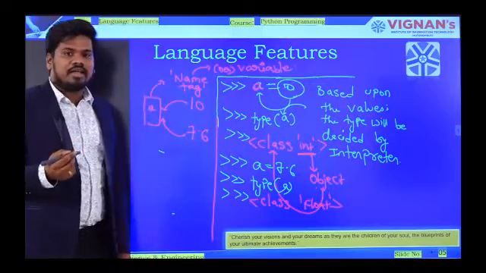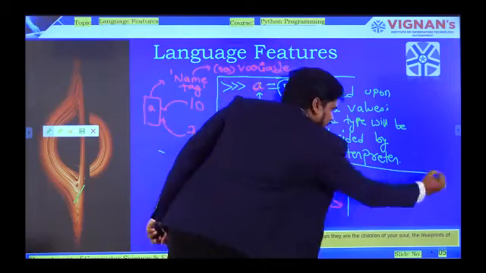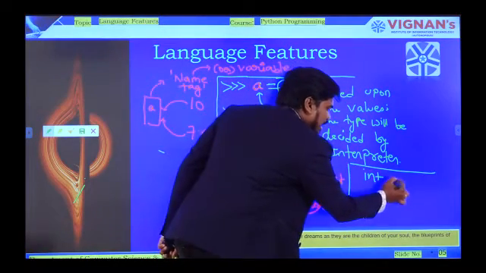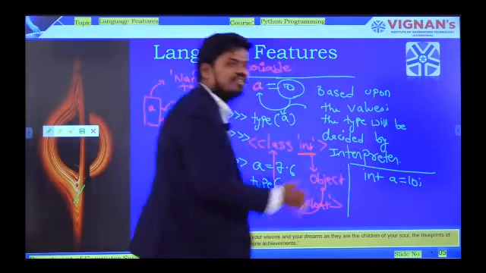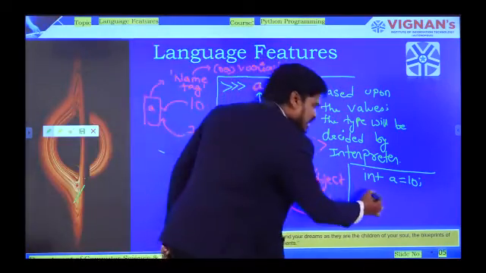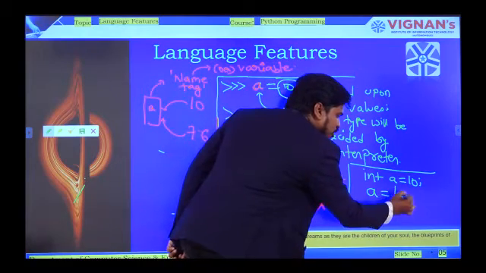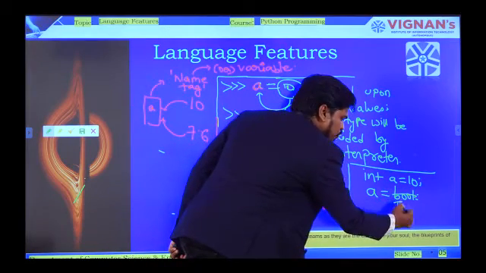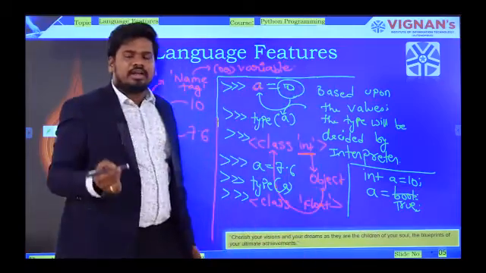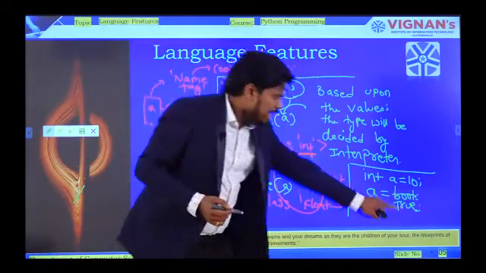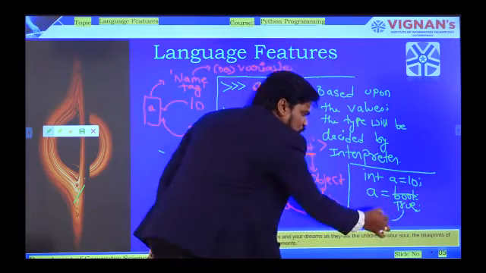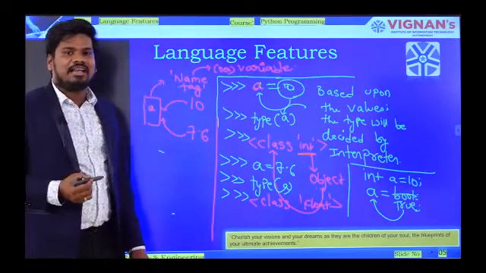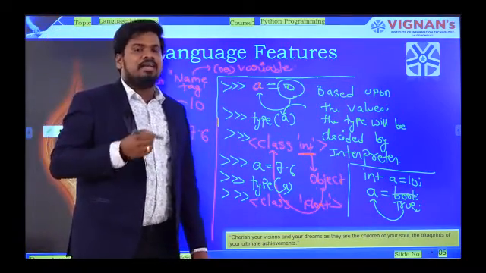If you are familiar with Java programming, for example, in my Java code I have declared a variable and initialized it with a value, int a is equal to 10, and in the very next line, if I assign a is equal to true, since we know that true is a Boolean data type, when I try to assign a Boolean data type to my primitive data type, then my Java compiler will raise an error saying incompatible data type.